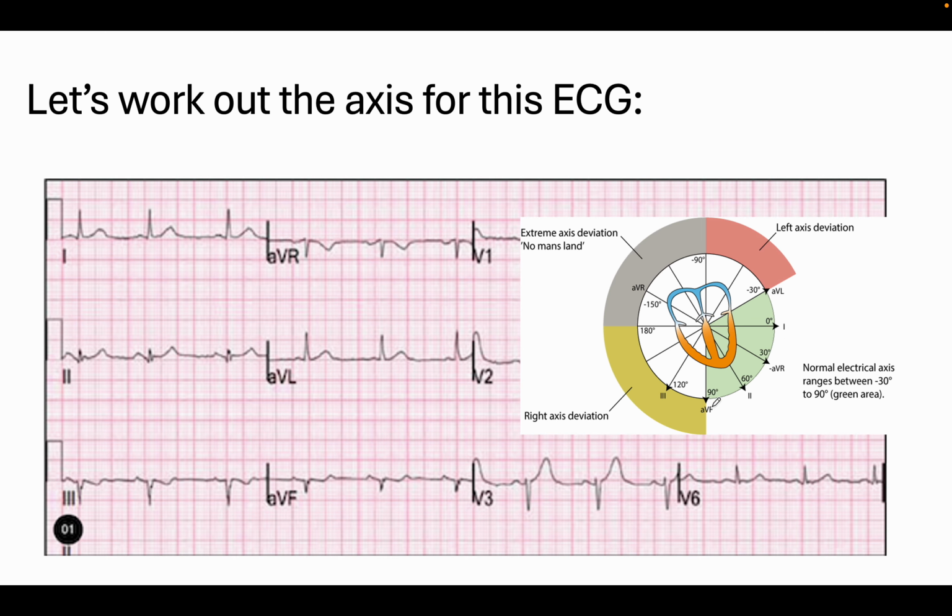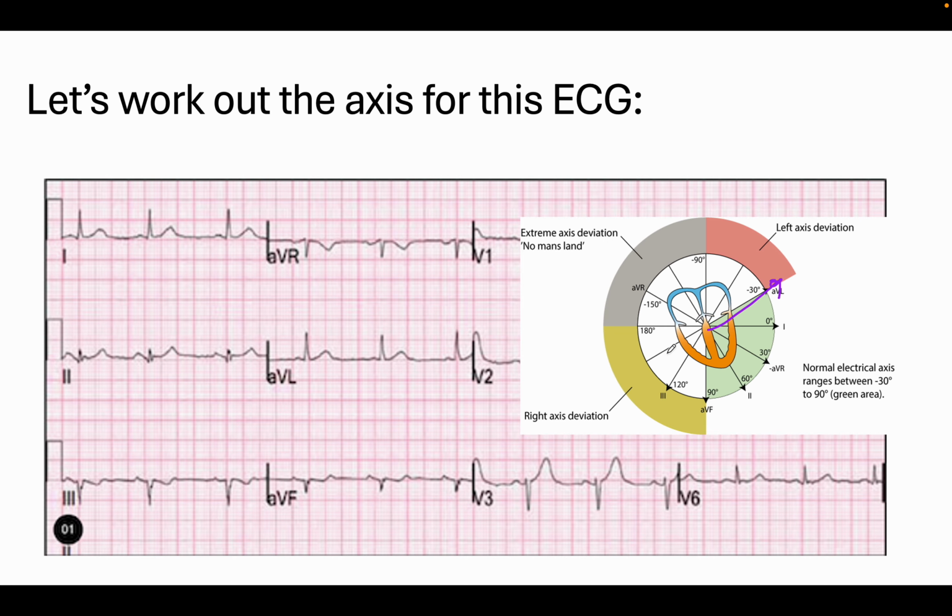If we look at AVF to confirm that, we can see AVF's completely negative. So we know that electricity is not really going down there, because otherwise we'd see a positive QRS. Let's look at AVL now. Well, AVL strangely is positive. So an average amount of electricity is actually going somewhere around here. That's pushing our electricity into the left axis deviation zone.